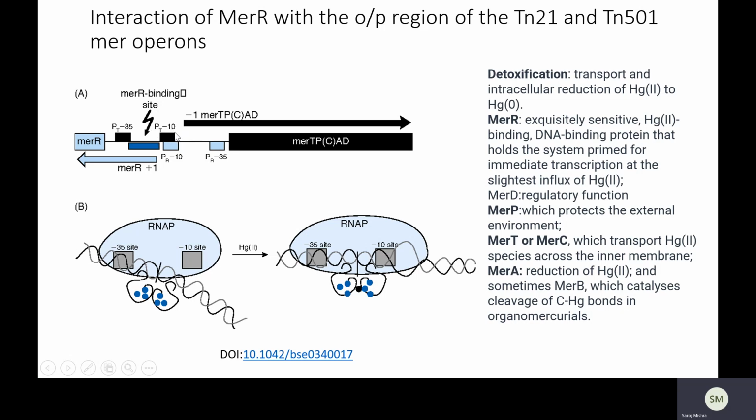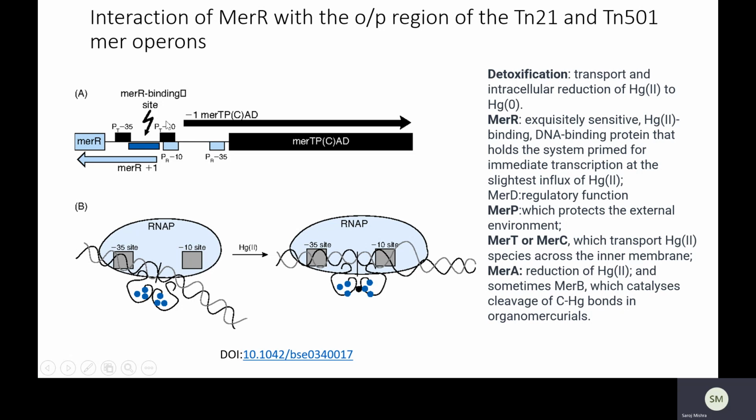This is the -10 site, which you will recognize, because RNA polymerases bind to a consensus sequence called the -10. There is also a -35 region. What is referred to as the promoter for T is so called because T is the first gene in this particular operon. This is the -10, this is the -35.